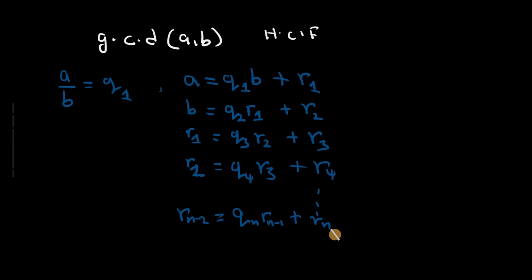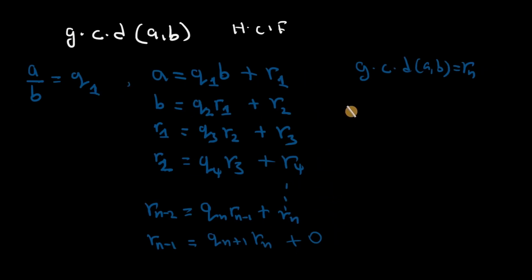Let's say rn was the last remainder, then we can continue. We have here rn minus 1 equals qn plus 1 times rn plus 0. We stop when the remainder is 0. And if the remainder is 0, it means the GCD of a and b will be equal to rn. That's the GCD will always be the last non-zero remainder.